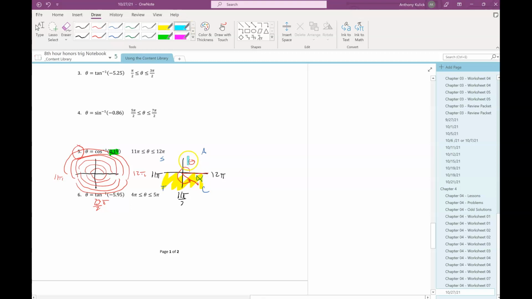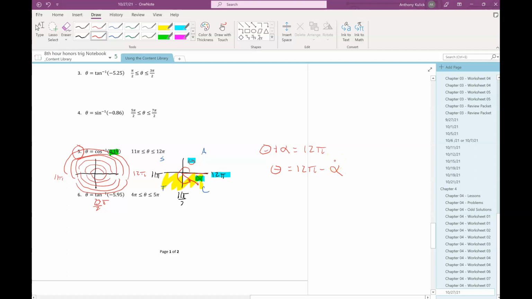And so what relates theta, alpha, and the horizontal, 12 pi? Yep. Or, since the last axis we crossed was the vertical, I know it's going to be subtracting alpha.